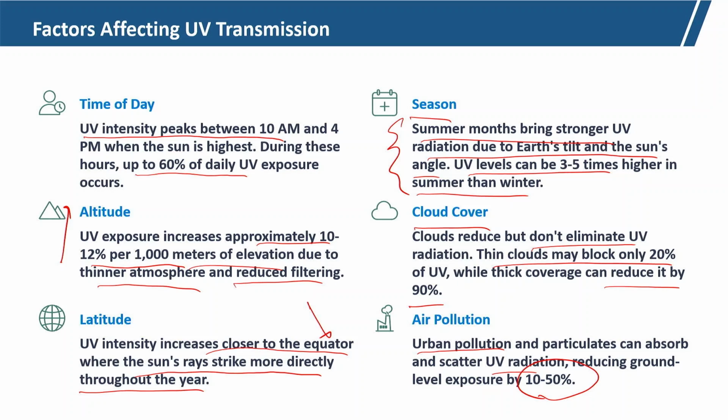In the summer we need a higher UPF value. If there is no cloud, we need a higher UPF value. If there is no pollution, we need a higher UPF value. So, depending on the environmental factors, we can select the clothing based on the UV transmission.